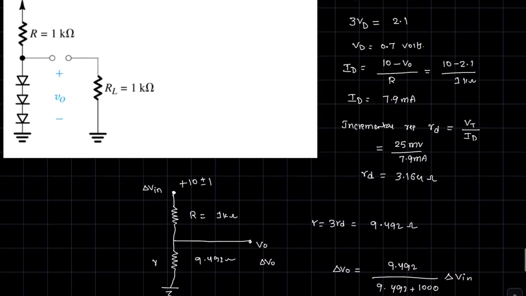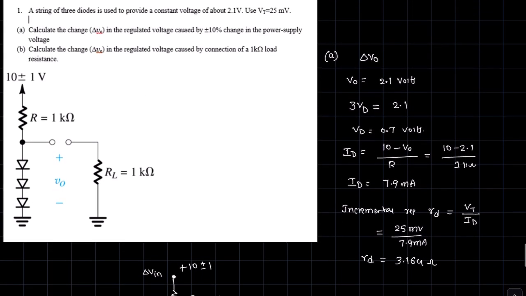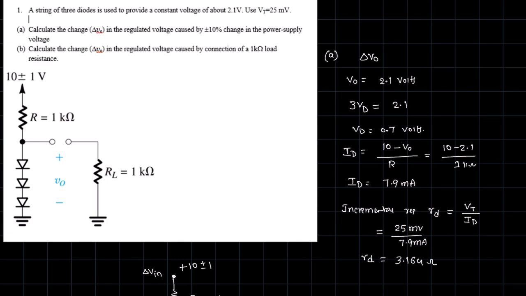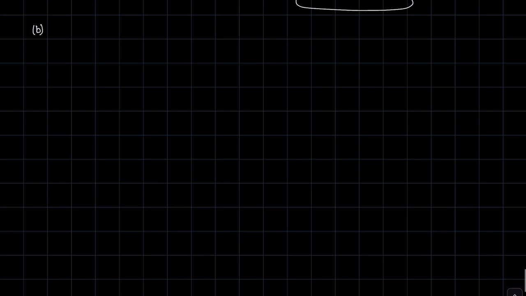Similarly, now let's keep the input voltage constant at 10 volts, but add a load resistance of 1 kilo ohm. Here R is 1 kilo ohm, connected to the source voltage, and the 3 diodes are connected in parallel with the load.